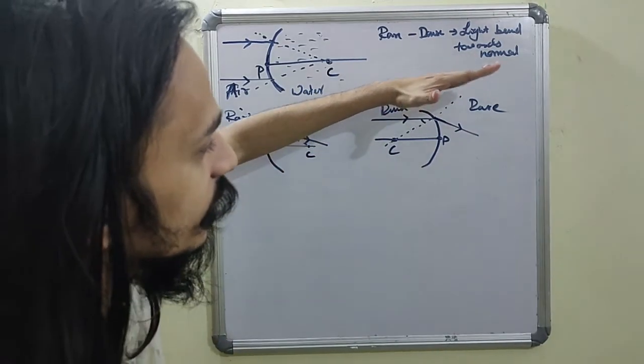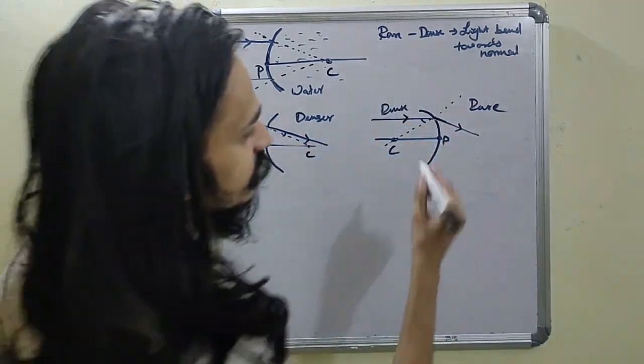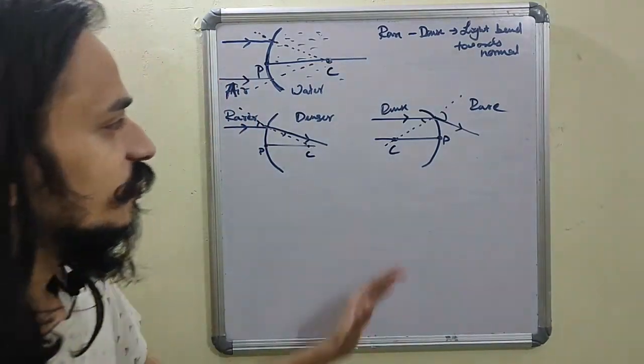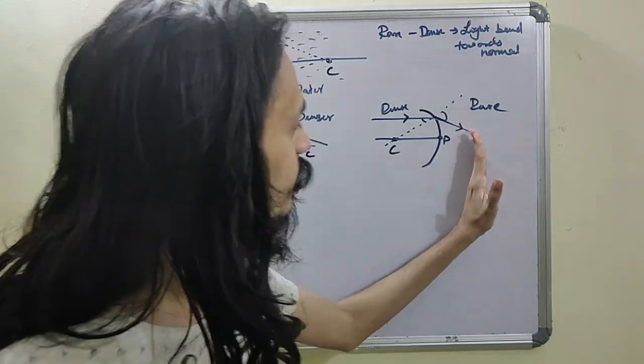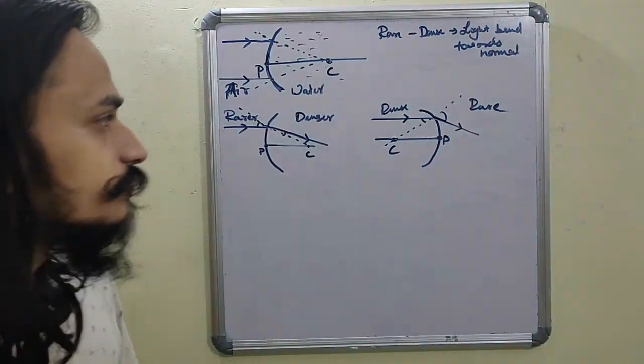Light is bending away from this line, away from this line. So this angle, if you see, has increased, right? So whenever you go from dense medium to rare medium, it is going to increase its angle.